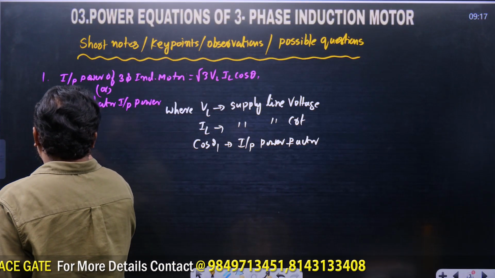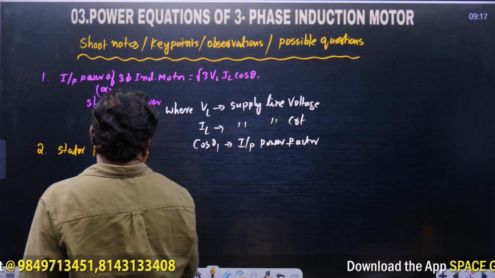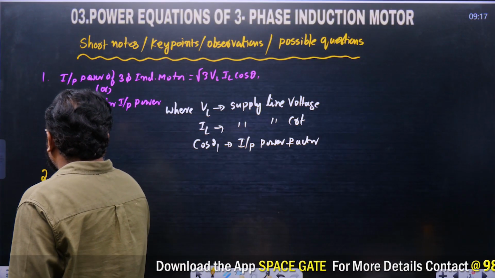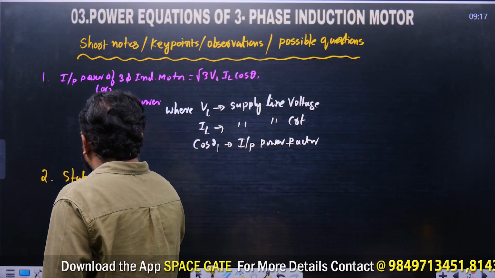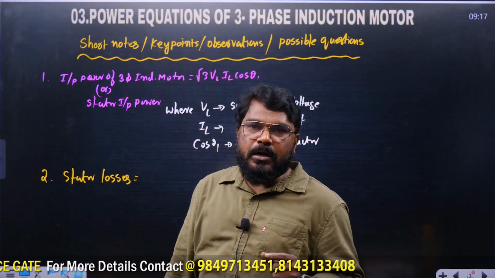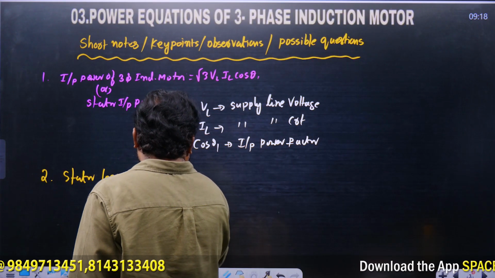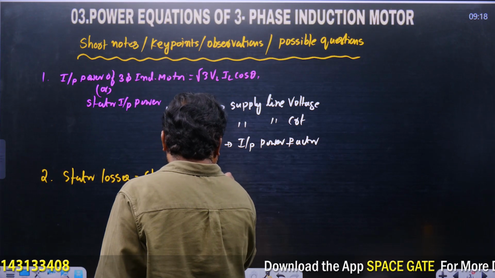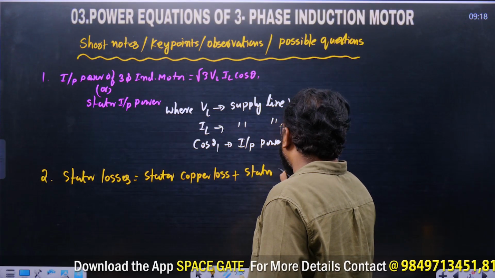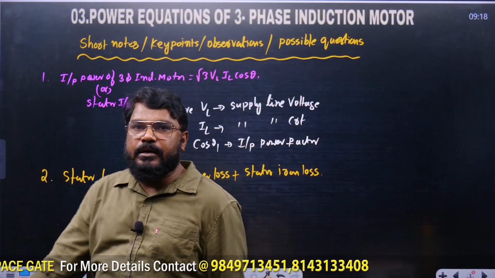So, as the second observation, the total stator losses are equal to the stator copper loss plus the stator iron loss of the machine.